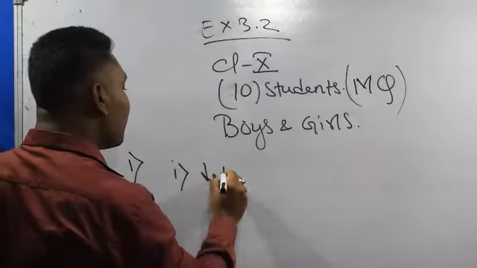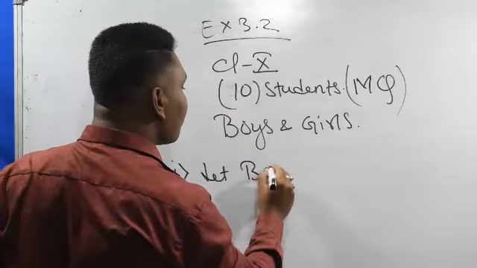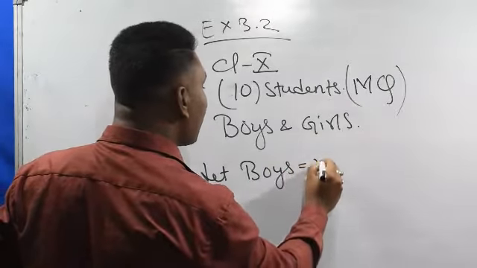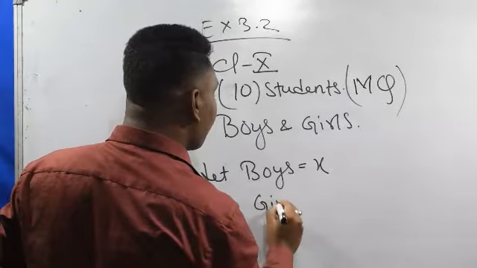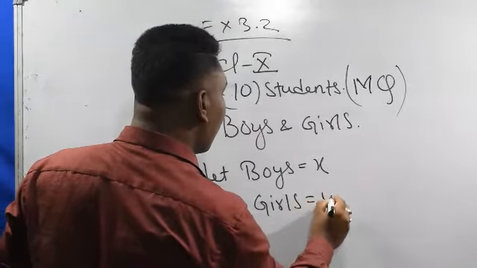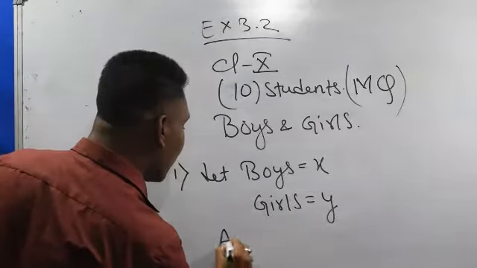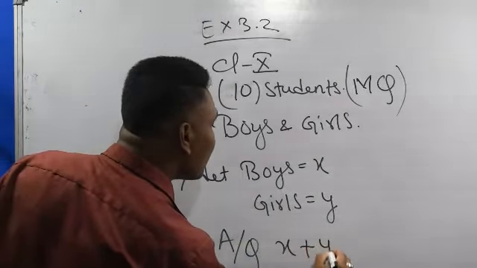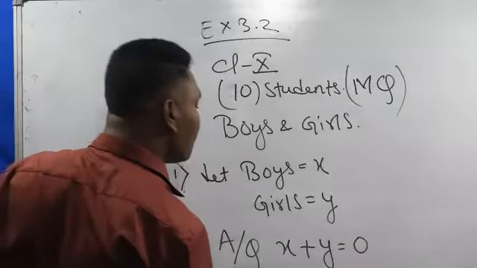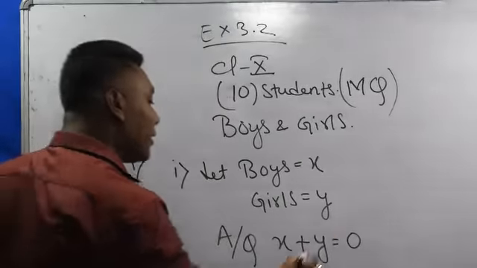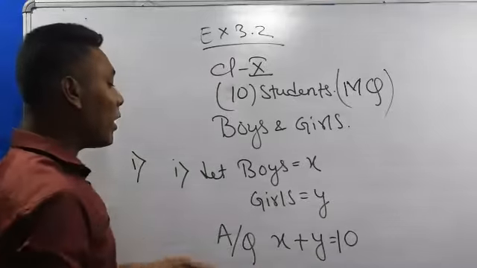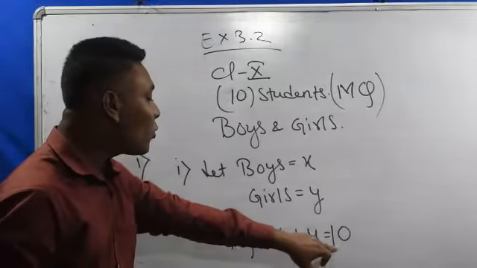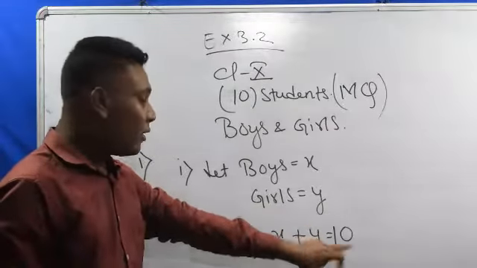Let boys equal x, girls equal y. So according to the question, the first part, x plus y gives you 10, because boys and girls together consisted of 10.